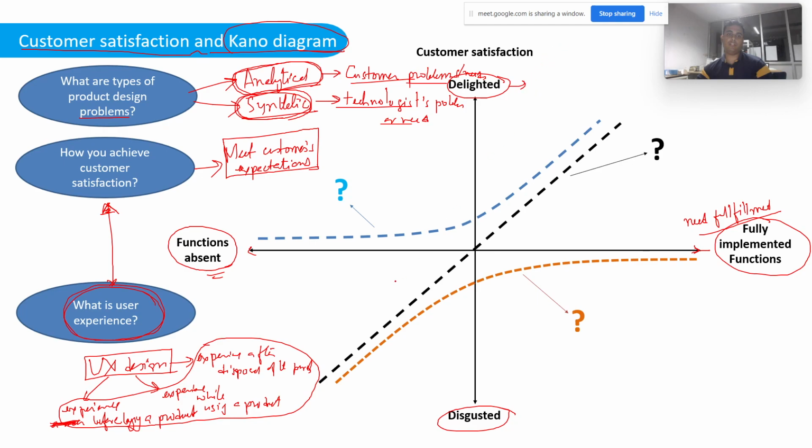So you can see there are three curves here. One is a blue curve, one is a black curve, which is represented by the black question mark, and one is this orange. Do you know what these three curves represent?